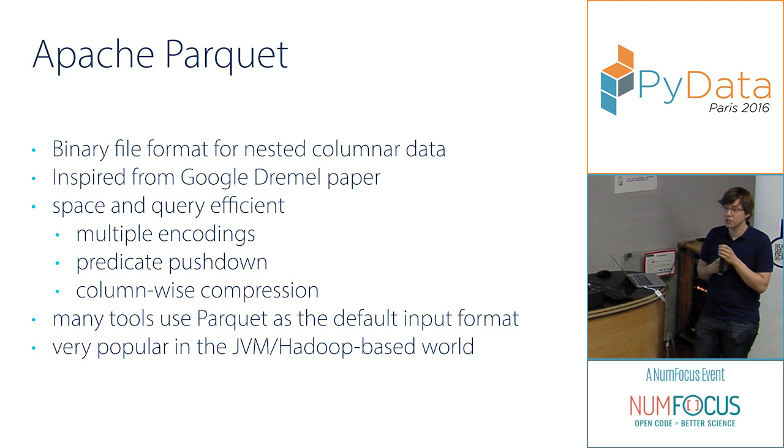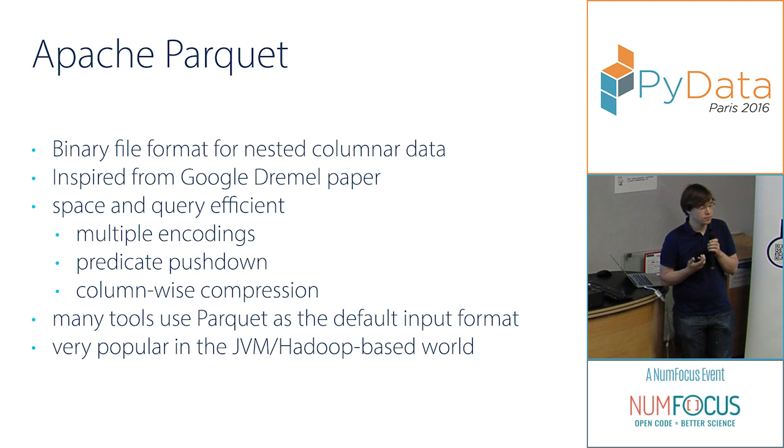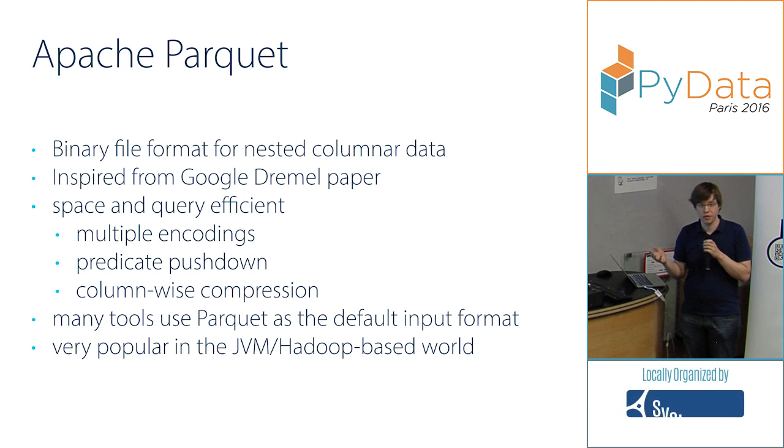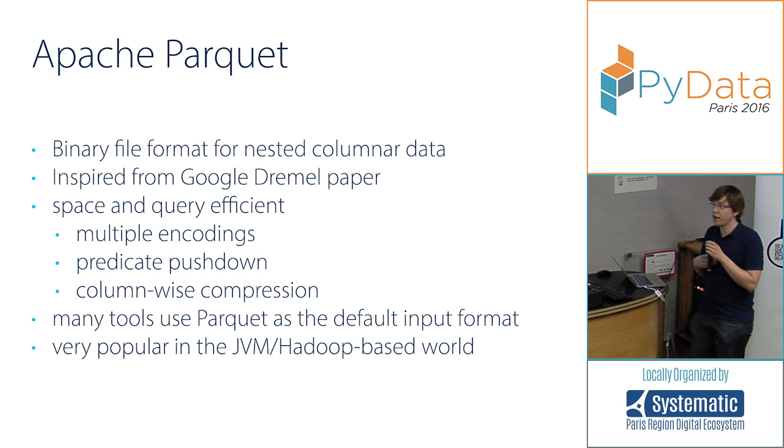There are several building blocks that let Parquet do this. First, it has multiple encodings. For each array in a data frame, you can either store it plainly, as it is represented in memory, or do bit packing, like with booleans, where you use just 1 bit per boolean. Or you can have more complicated things like dictionary encoding, where for strings you define every string at the beginning and give it a code.